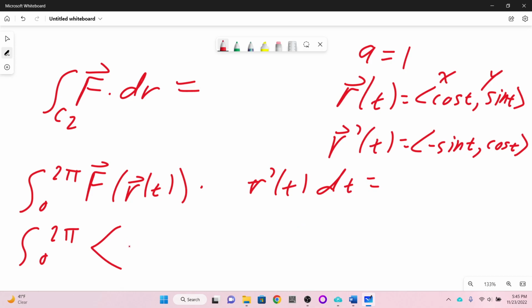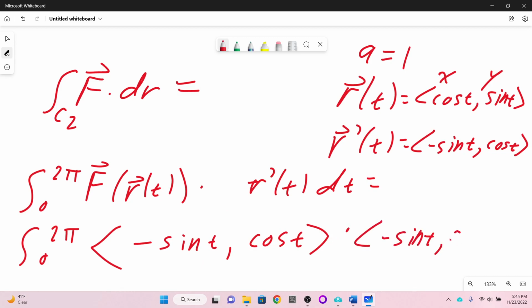So it just becomes negative sine t, comma, cosine of t. Just go back to where we defined what F was and plug in cosine for x, sine for y. Dot, negative sine t, cosine of t, dt.